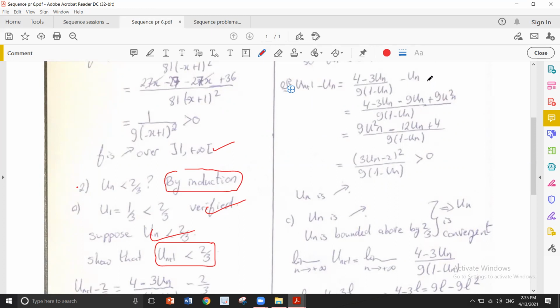The LCM is 9 into 1 minus un. It becomes 4 minus 3 un minus 9 un plus 9 u squared n. It will be 9 u squared n minus 12 un plus 4 over 9 into 1 minus un.